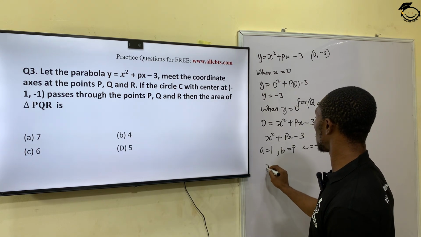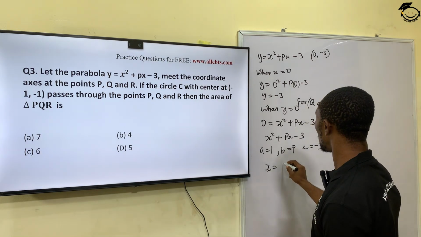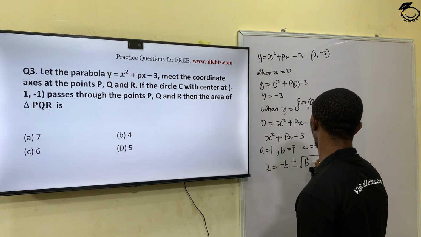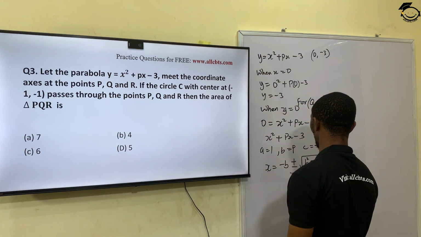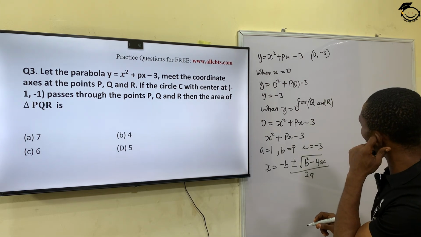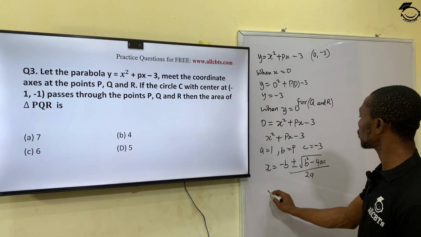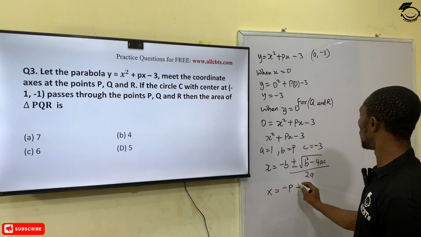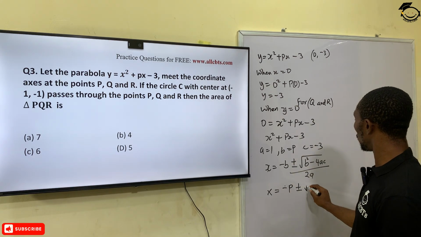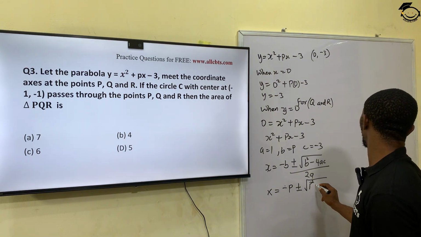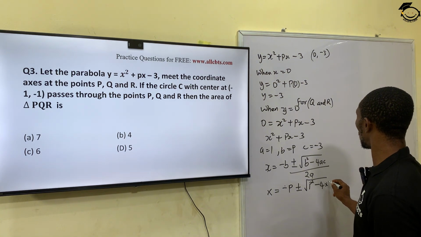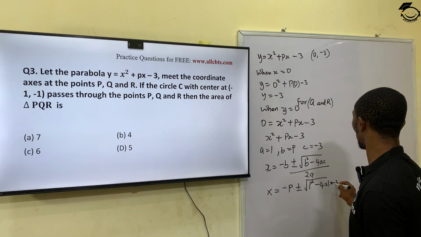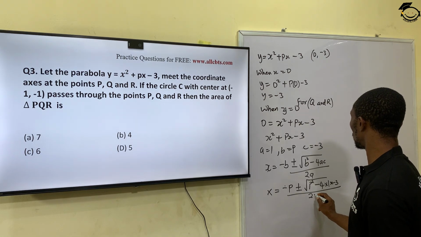Now, our formula says x equals minus B plus or minus root B squared minus 4AC all over 2A. So here we'll have our B as minus P plus or minus root P squared minus 4 times 1, and our C is minus 3, all over 2 times 1.